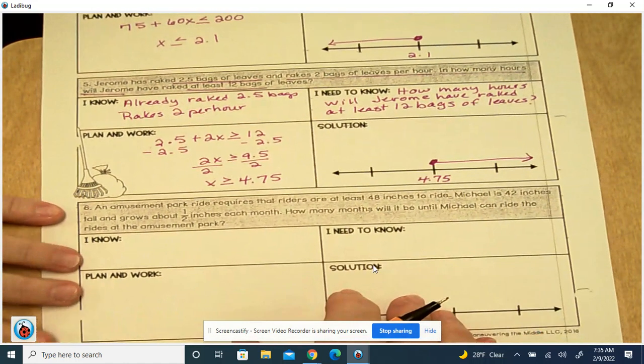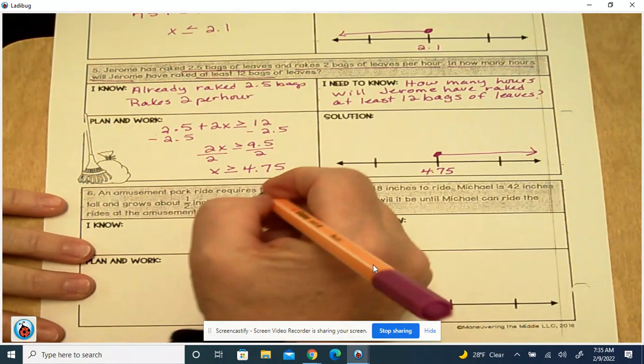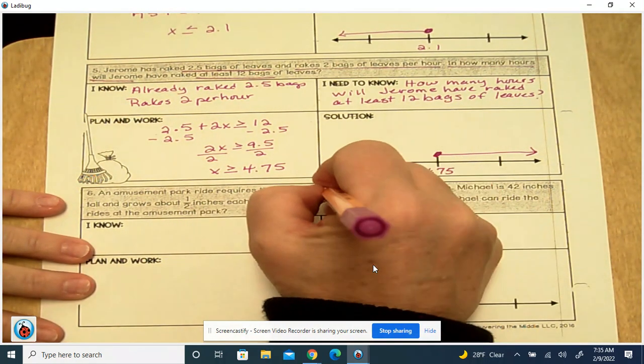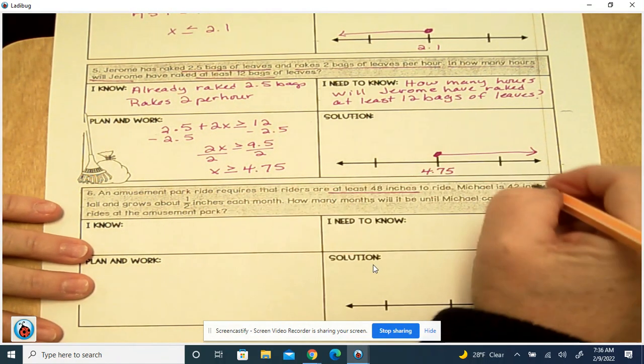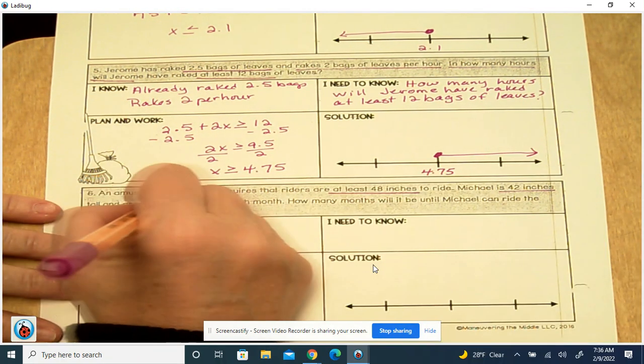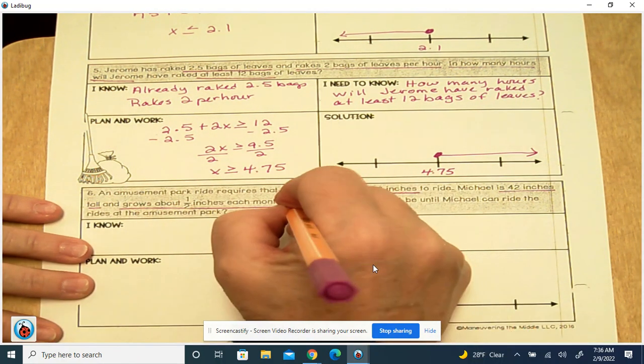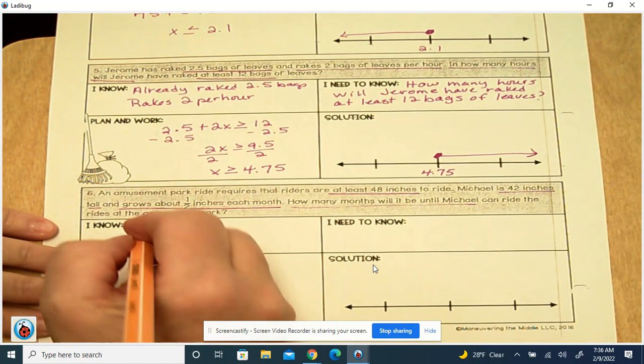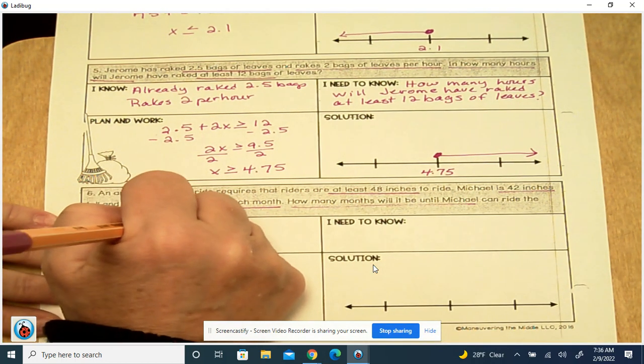All right, and the last one. An amusement park ride requires that riders are at least 48 inches tall to ride. Michael is 42 inches tall and grows about 1/2 inch each month. How many months will it be until Michael can ride the amusement park ride? So what we know, you must be 48 inches tall.